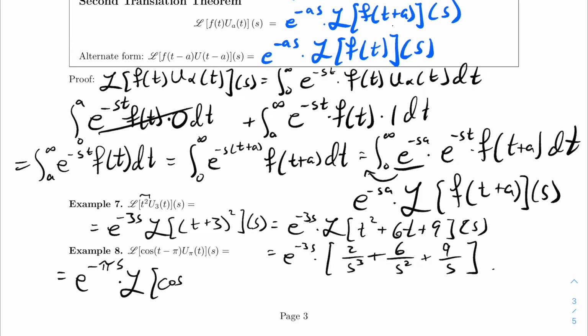So it would be cosine of, now instead of t, we're going to write t plus a, so it would be t plus pi, and then there's still the minus pi from before. So this is e to the negative pi s times the Laplace transform of just cosine of t. And cosine of t just gives us s over s squared plus 1. So this should be our Laplace transform.